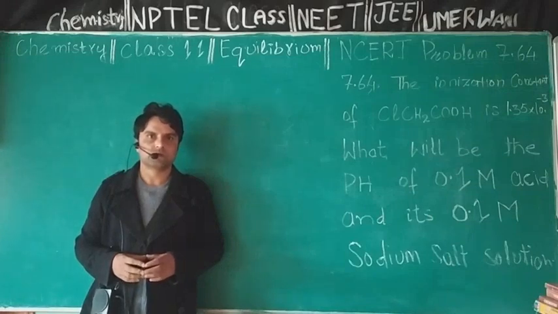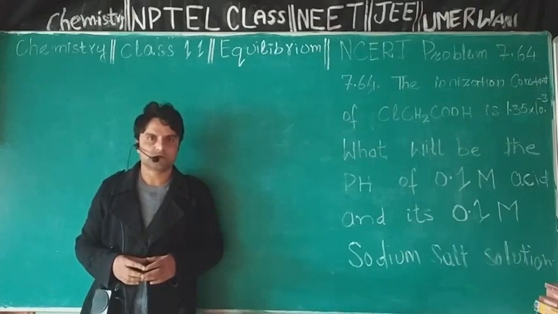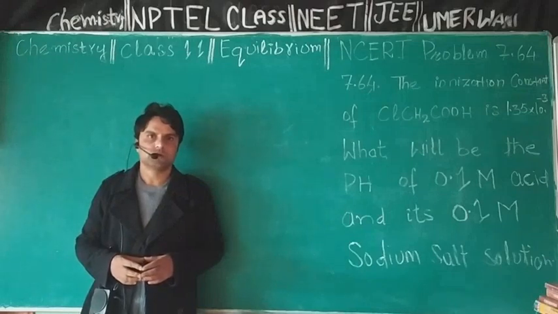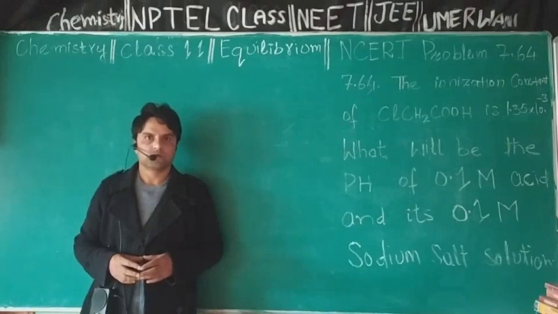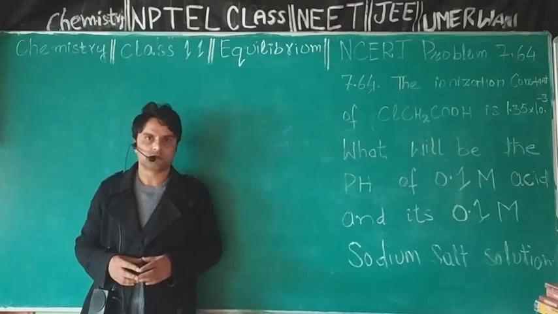And for calculation of pH of this salt of weak acid and strong base, there is a particular formula: pH of solution of salt of weak acid and strong base is equal to 1/2 of pKw plus pKa plus log of C. pKw you can express in form of Kw, pKa you can express in form of Ka.